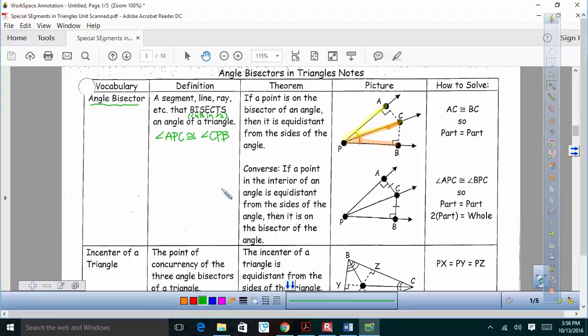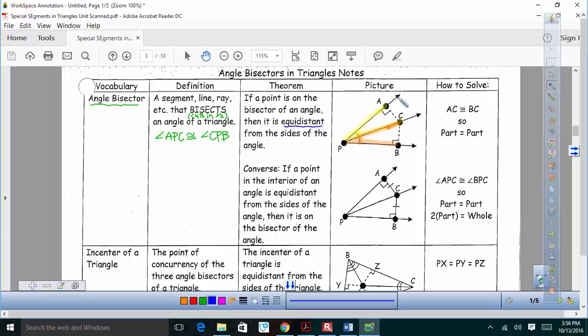Okay, so a theorem that we know about angle bisectors is that if a point is on the bisector of an angle, like C, then it is equidistant. And we've talked about what equidistant means. That just means an equal distance from the sides of the angle.